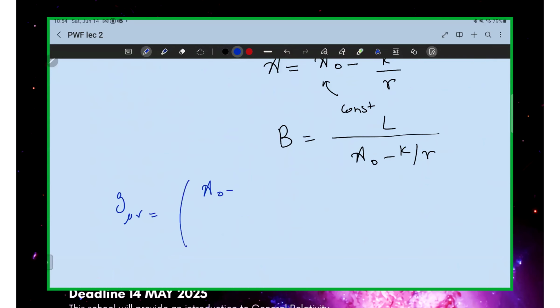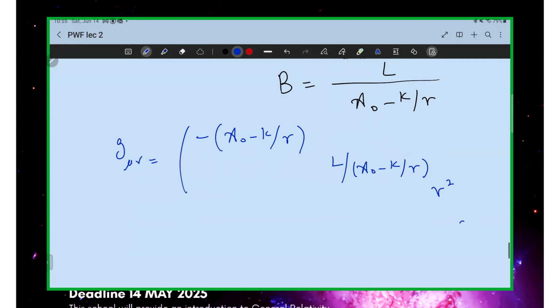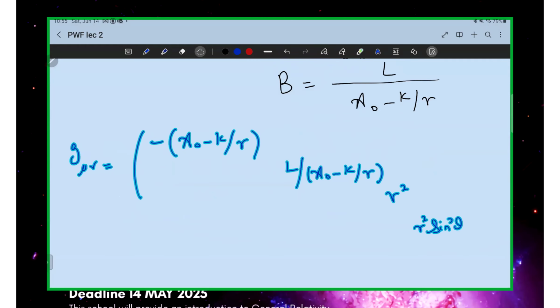A naught minus k over R, well, negative of that, because it was negative A. 0, 0, 0, but I'm not going to write down the non-diagonal entries. I mean, you know that they are 0. I'm only going to write diagonal entries. Let me write it like this. Okay.